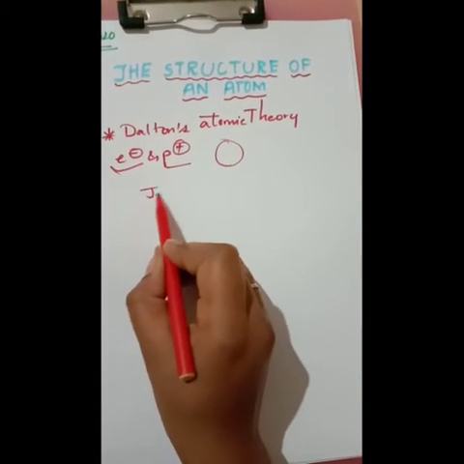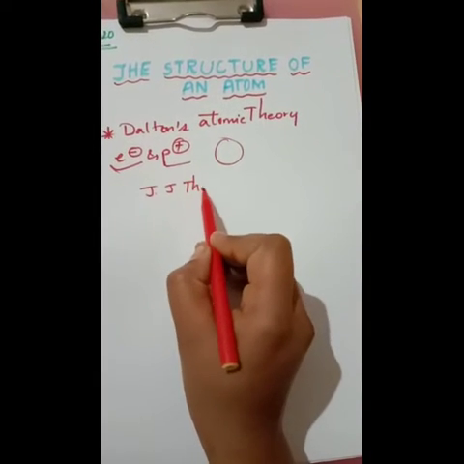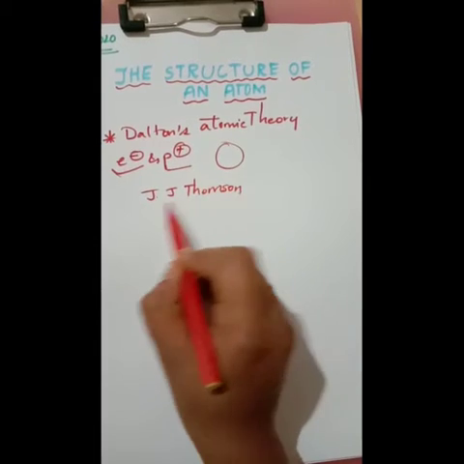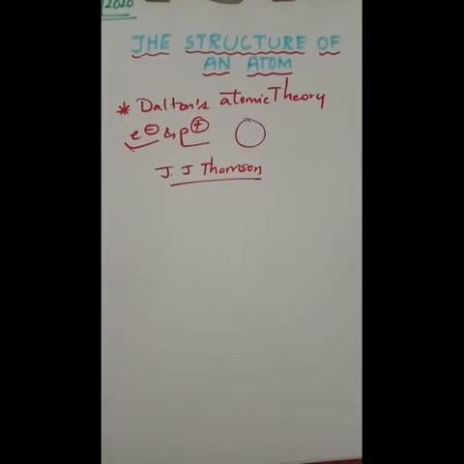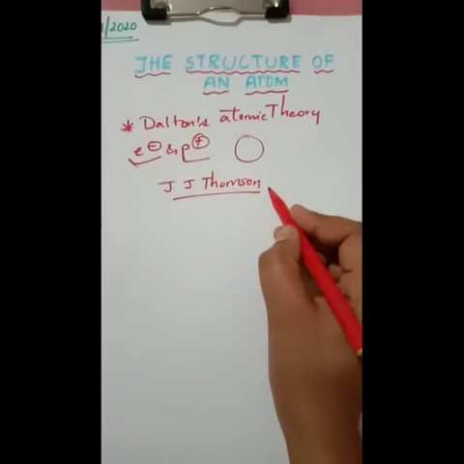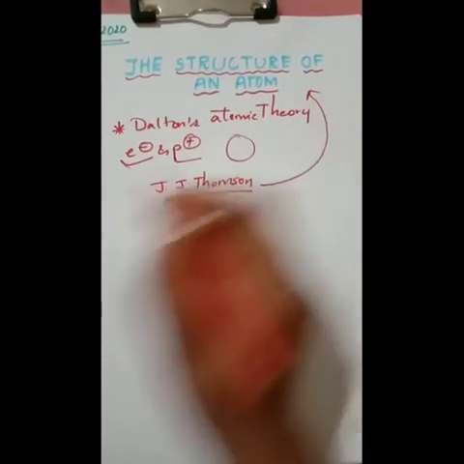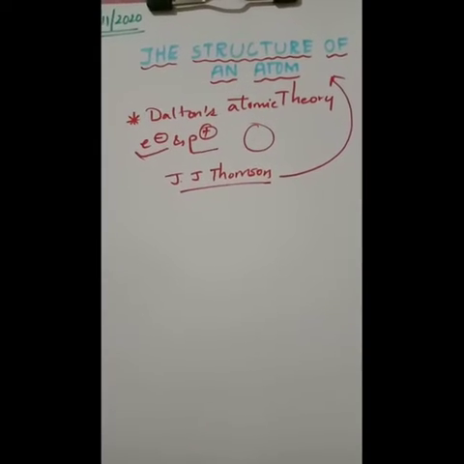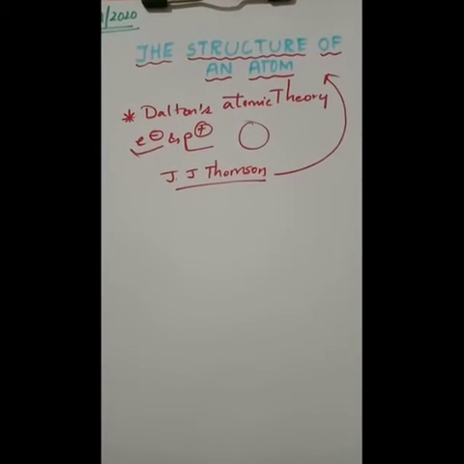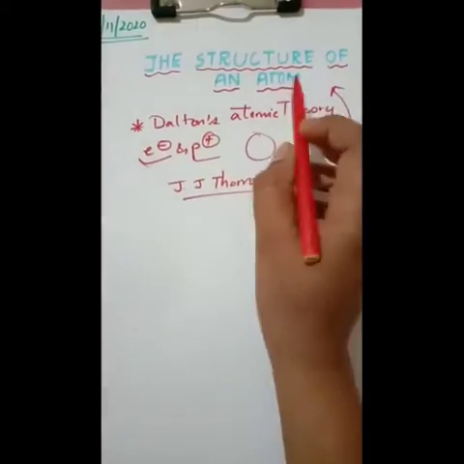For example, J.J. Thomson. Okay, so you know already who discovered the electron. J.J. Thomson was the first one to propose a model of the structure of an atom. So he was the person who proposed the model of the structure of an atom.